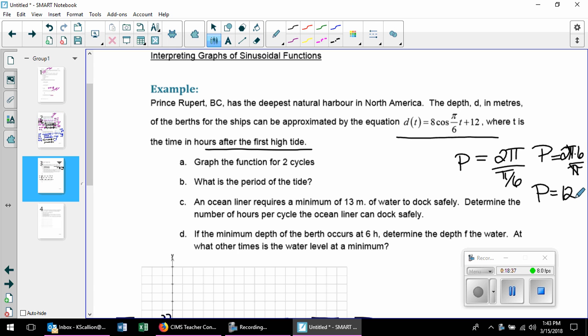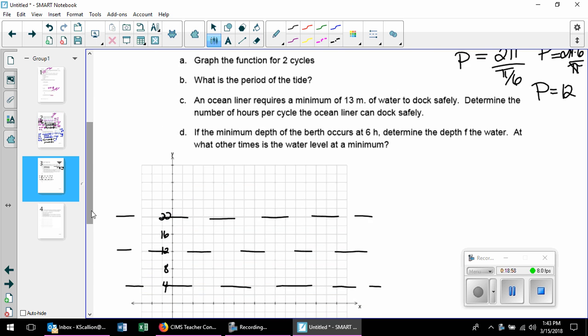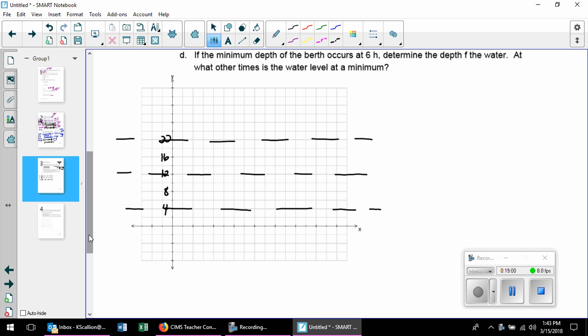The period of time happens twice in a day. Days are 24 hours. Makes sense. You can't assume that though. You have to actually do the calculations, because sometimes they get really fancy and do like 12.2 or whatever the actual day works out to be. So we know that my period happens 12 hours.